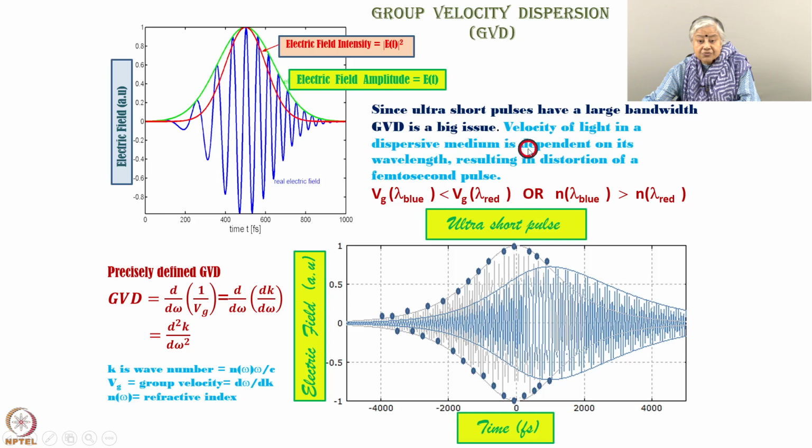So, in a dispersive medium, what happens? Vg stands for the group velocity. I will just tell you what I mean by group velocity. The velocity of the blue light is less than the velocity of the red light, or the refractive index of the blue light is more than the refractive index of the red light.